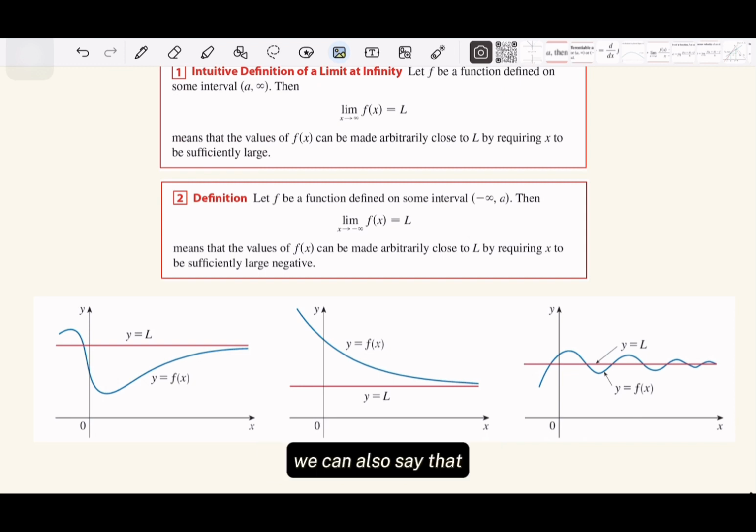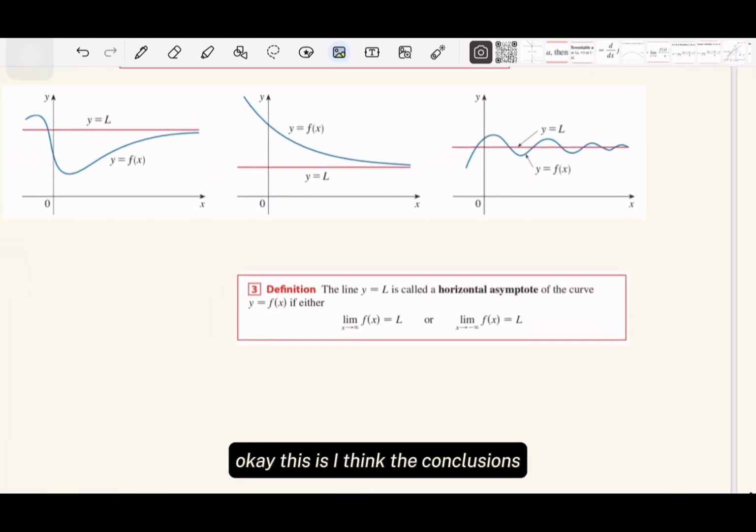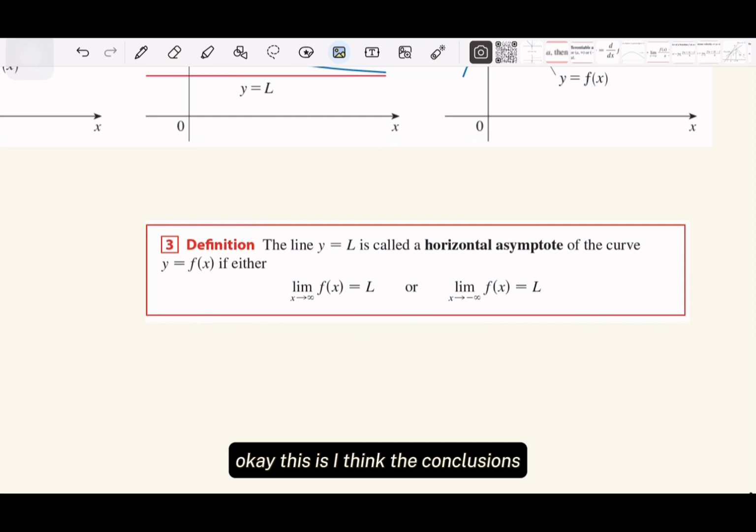We can also say that it's getting closer to L. I think this gets the conclusions that we can have the horizontal asymptote.